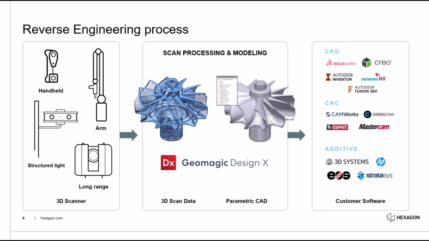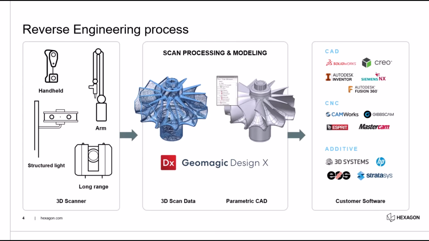Sometimes people want to go straight over to additive, as you can see on the right-hand side. But many times people want to extract CAD model information, both design intent or as built, and send that over to CAD. So by far the top section there is the number one output, where we have a live transfer tool that will allow you to transfer over the CAD information as native entities over to these different CAD platforms.